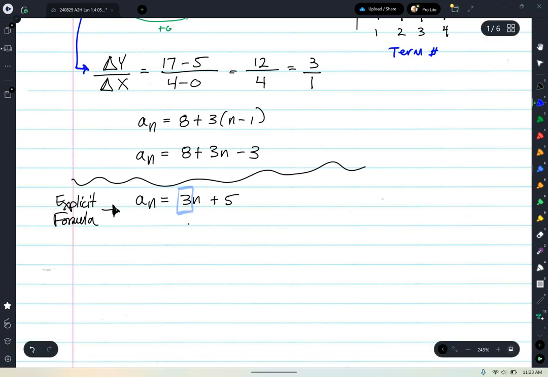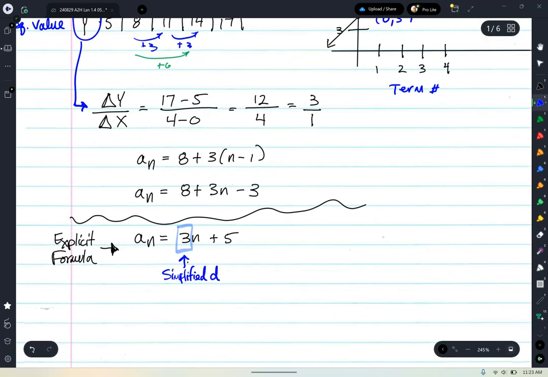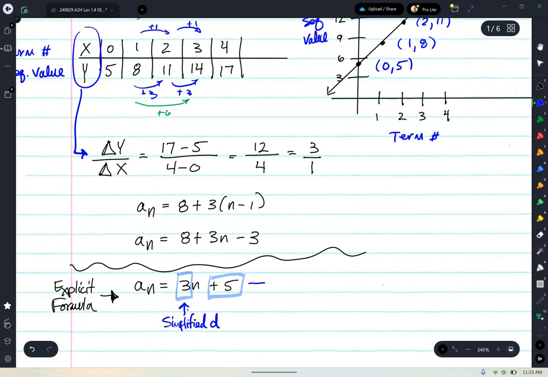This right here is our simplified D. That's our common difference in its most simplified form, because again, we talked about how we could value that common difference in the term numbers in different ways. And so that's our simplified D. In terms of our sequence, this is the 0th term.